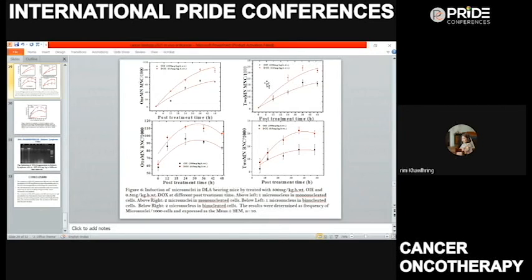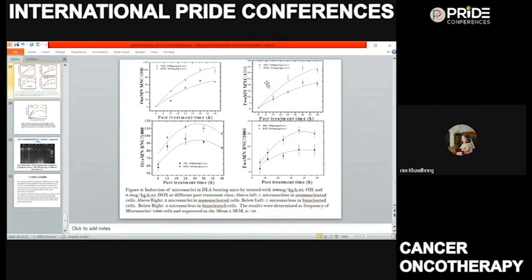And as I have mentioned, one micronucleus bearing mononucleated cells was counted, as well as two micronucleus bearing mononucleated cells, and one micronucleus bearing binucleated cells, and two micronucleus bearing binucleated cells. All these different types of cells were counted. And in case of one micronucleus bearing mononucleated cells, the highest micronucleus was observed in 36 hours post-treatment.